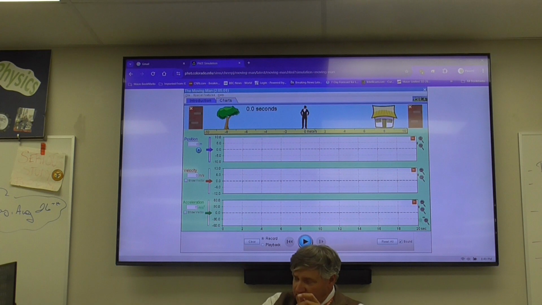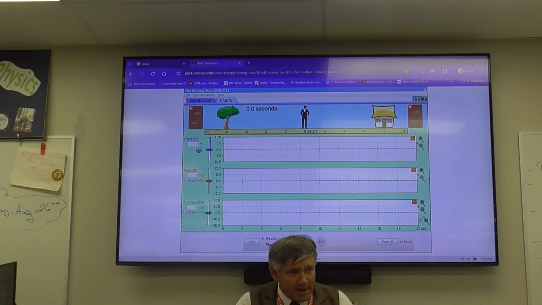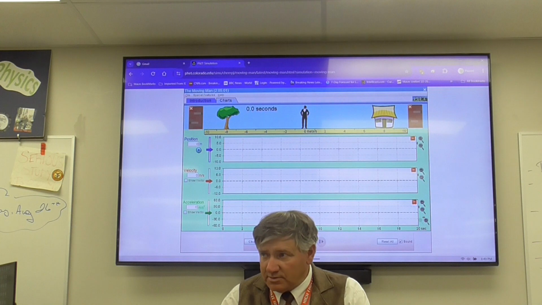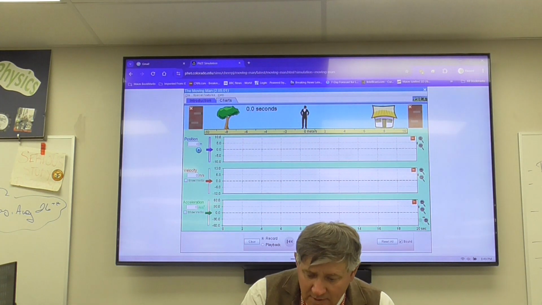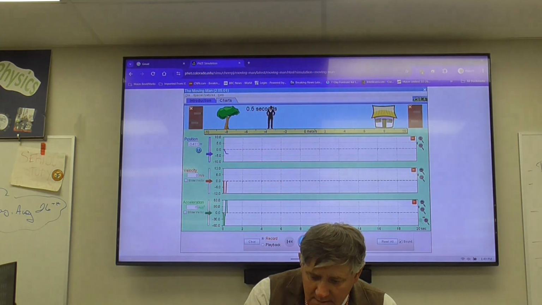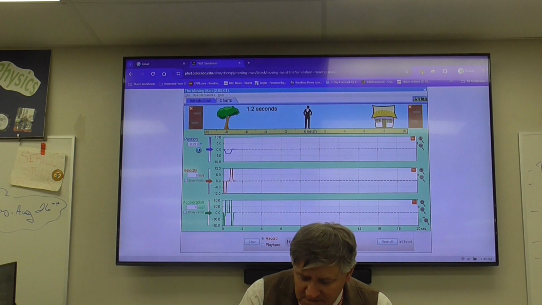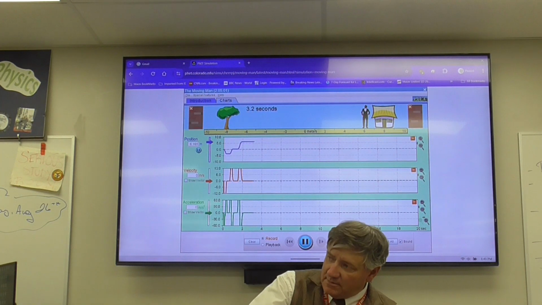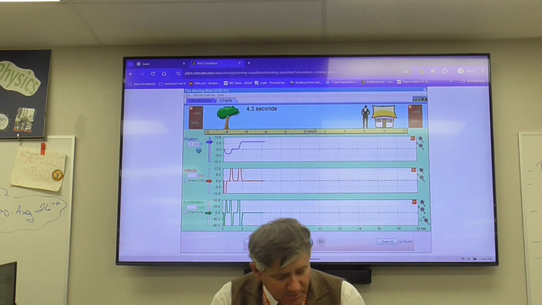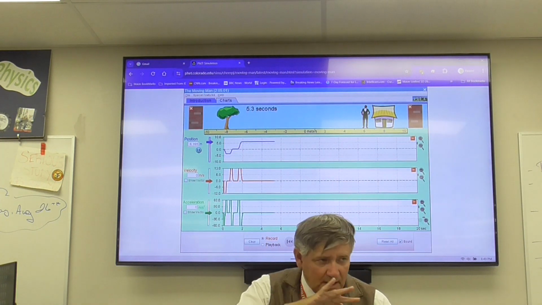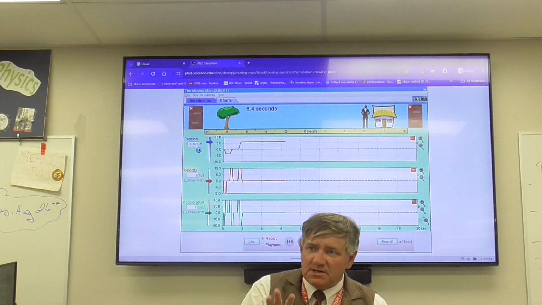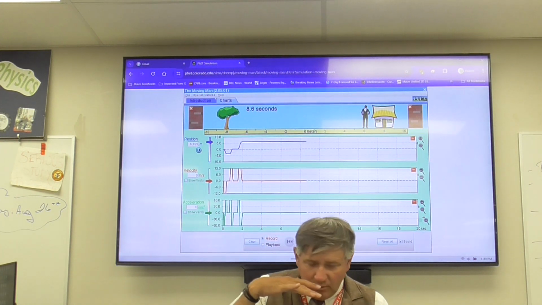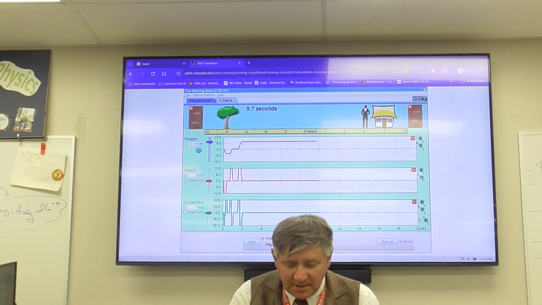You can grab the dude and move him across the screen, or you can set the values and then make him move. Basically, what do these graphs look like? Some are horizontal lines, some are straight sloping lines.